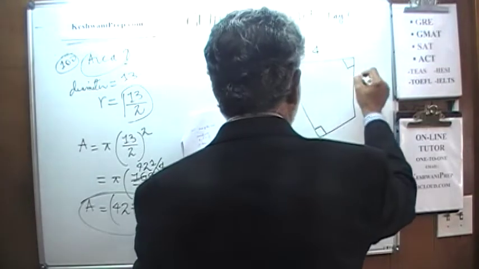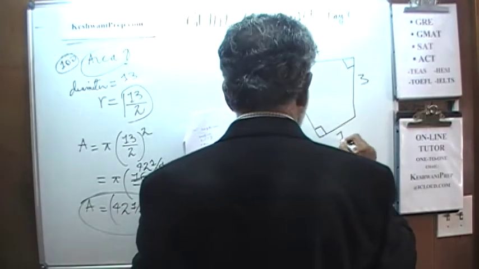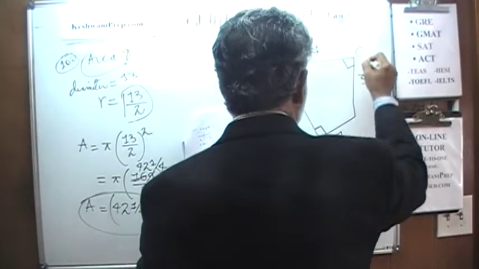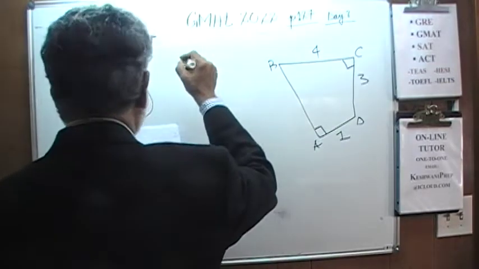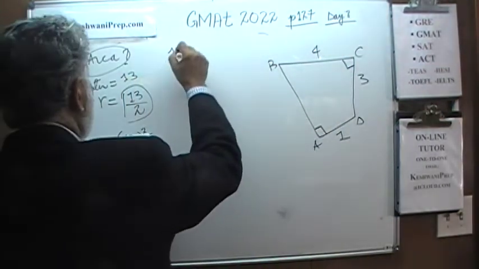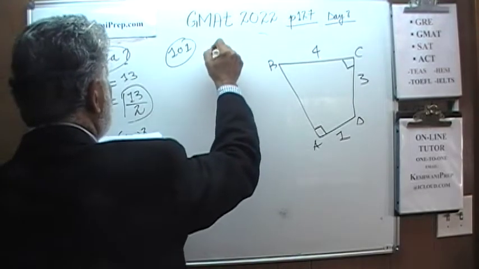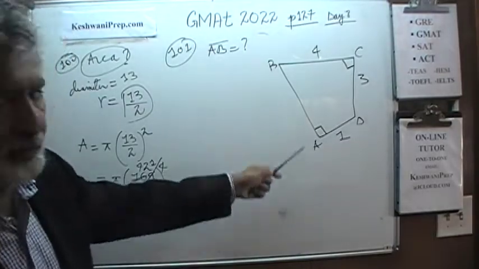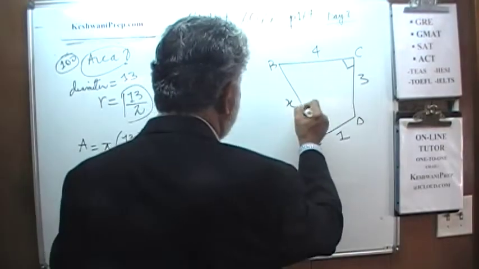We are told that this side is 4, this side is 3, this side is 1, A, B, C, and D. And the question simply is, what's the length of A to B? This is what we want to find out.